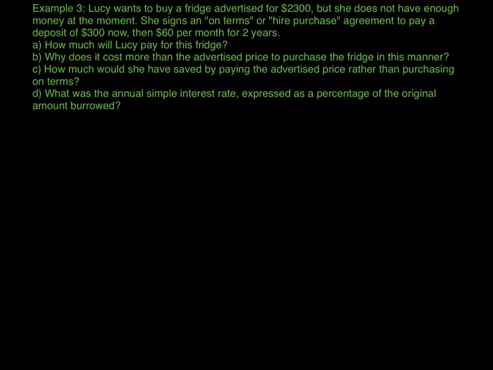B, what does it cost more than the advertised price to purchase the fridge in this manner? C, how much would she have saved by paying the advertised price rather than the purchasing on terms? And D, what was the annual simple interest rate expressed as a percentage of the original amount borrowed?